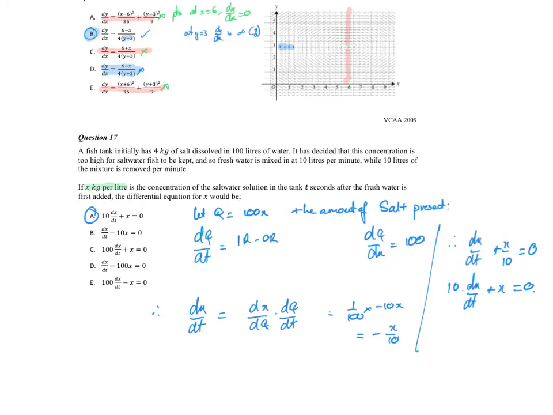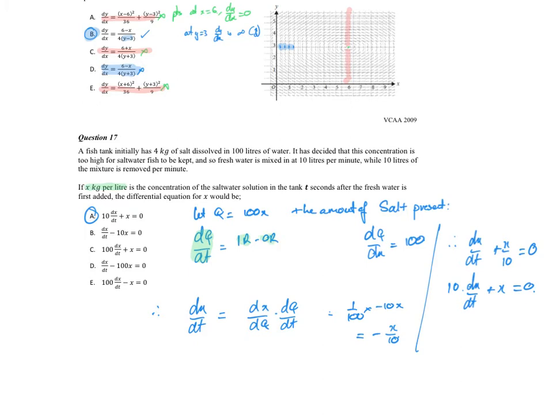So the rate of change dQ/dt of the amount of salt, which I guess you could argue the amount of salt present probably should be x, but that's okay. The amount of salt present at any point in time is equal to the input rate minus the output rate.